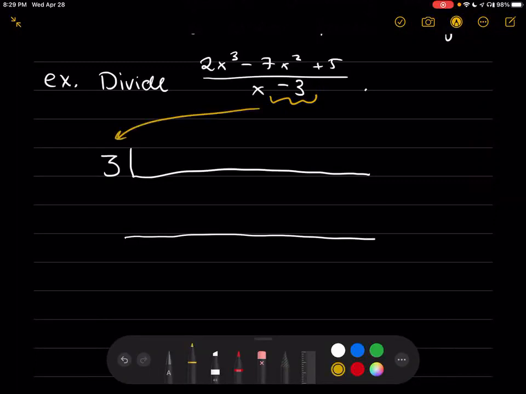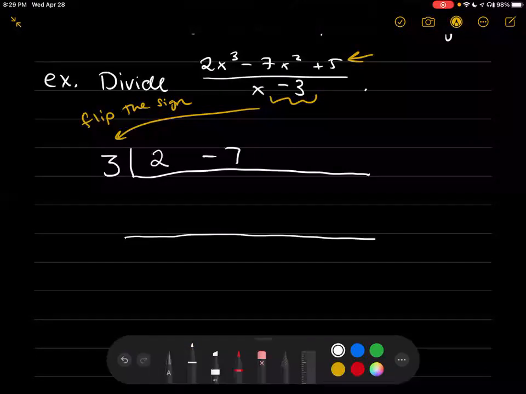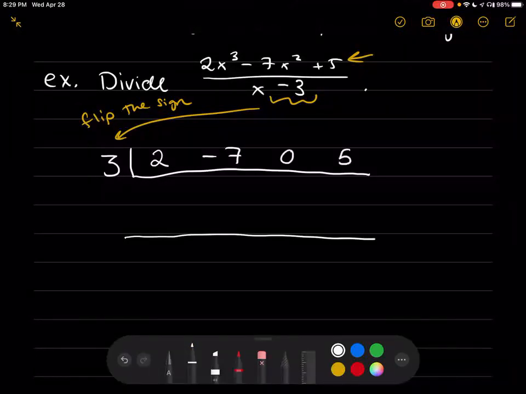Then in here, what we do is we take the coefficients off of our dividend and we write them in there. Make sure that you notice there's no x term here, so we're going to write a 0 for that coefficient. So the x cubed term has a 2, x squared has a minus 7, x is 0, and then a 5.